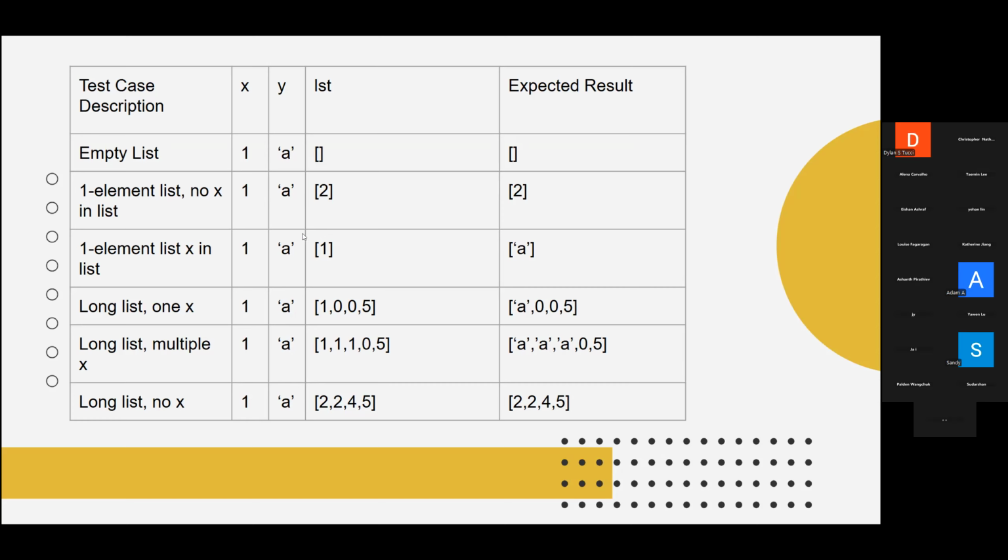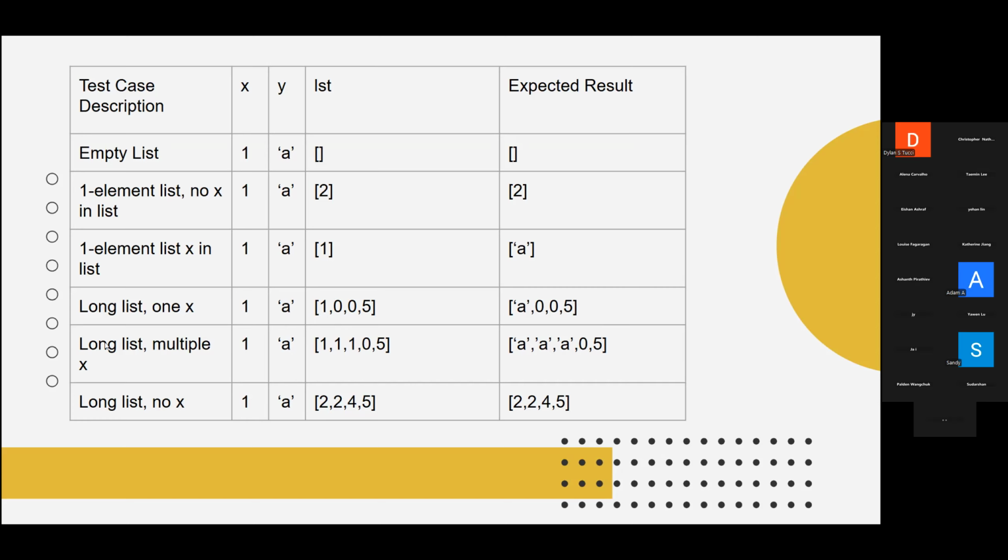So that means we must change the 1 into the y, which is the expected result, just a list containing the string a. And now we have one long list with one x. So in this list, we can see that we have 1 appearing in the first element and nowhere else. So we have one occurrence of x. So then now we can replace that with y, which is the string a, and then we will get A005.